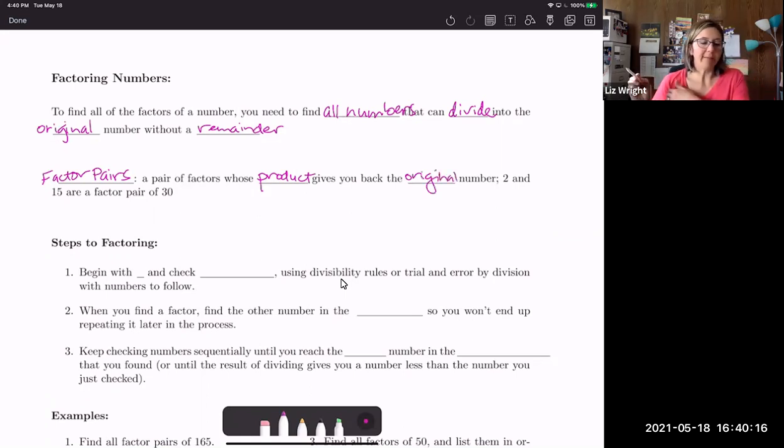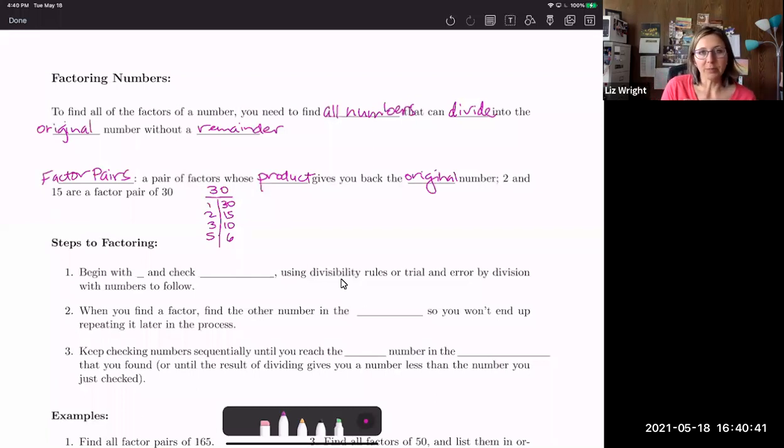So like 2 and 15 are a factor pair of 30. We would have more factor pairs of 30, right? So if we were coming up with all the factor pairs, it would be 1 and 30, 2 and 15, 3 and 10, 5 and 6. And then that would be your list of factor pairs.